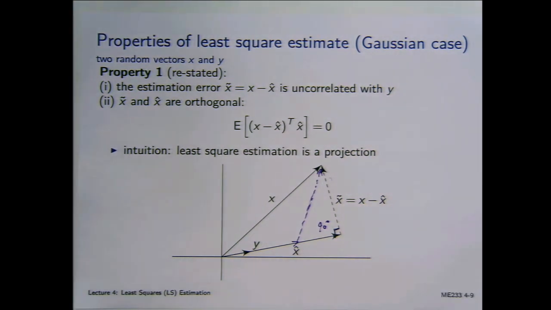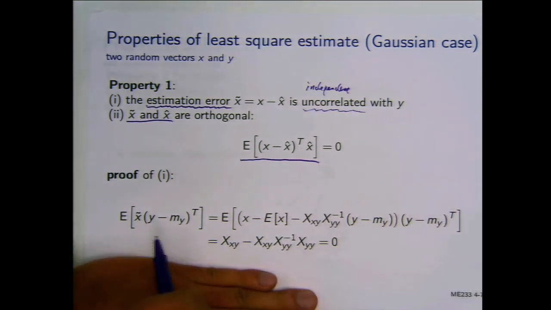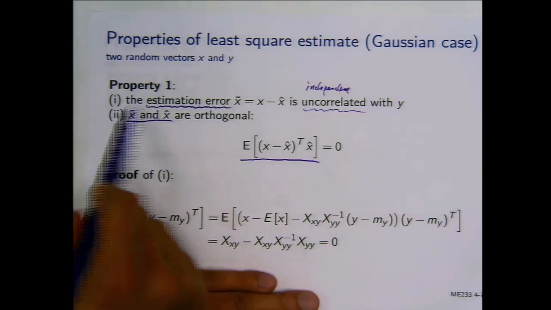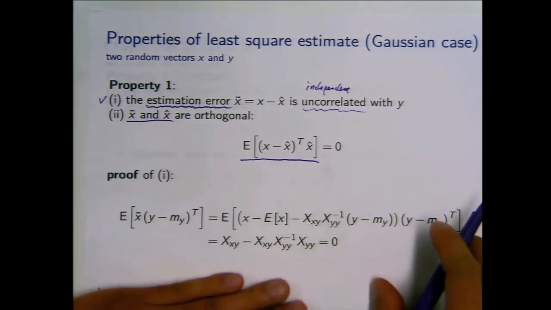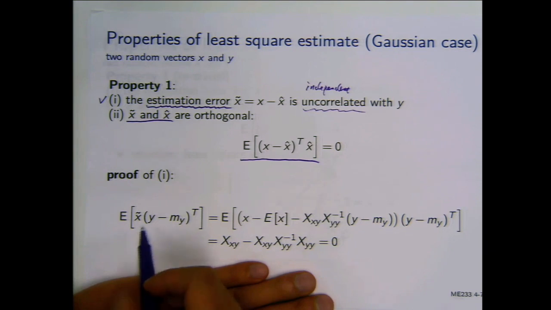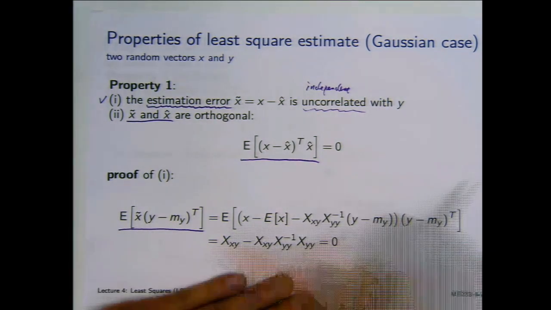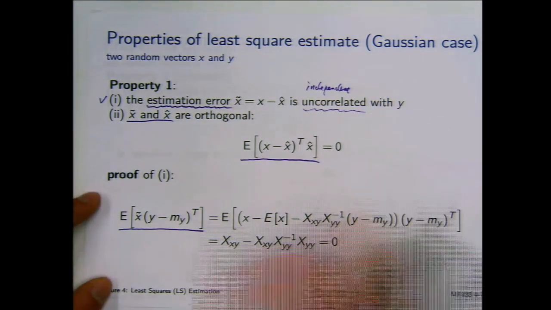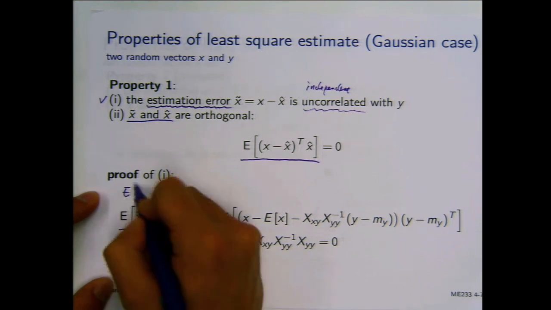And the derivations are actually not difficult at all. So I think I'll just prove the first property, and then you can prove the second property very easily. Just use definitions. All these proofs are just using simple definitions. I just check the cross covariance. I'm actually skipping one step here.